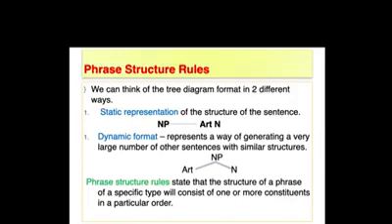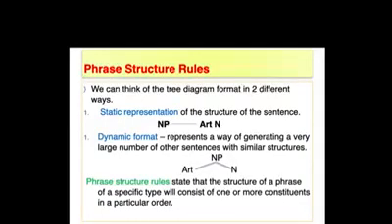And there is another way to do syntactic analysis, through a dynamic format. It represents a way of generating a very large number of other sentences with similar structures. For example, an NP consists of an article and a noun.